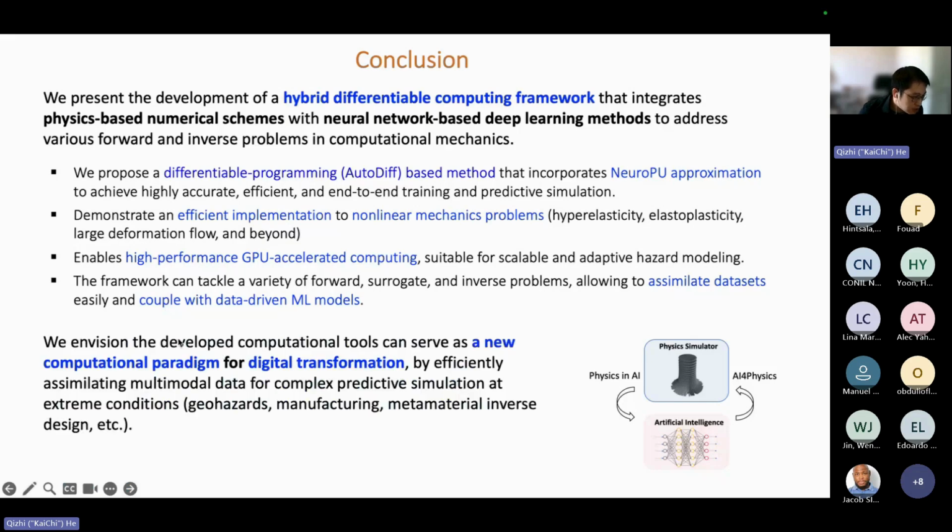I envision this will pave the foundation to move forward the digital transformation of civil and geoengineering, and this is a promising realization of a digital twin using this kind of method.